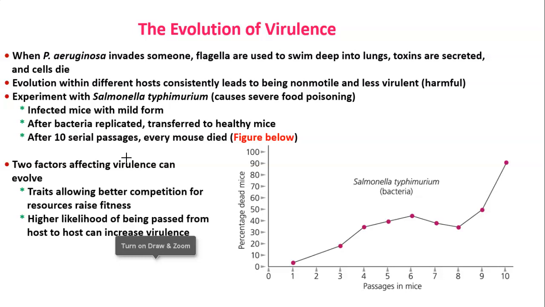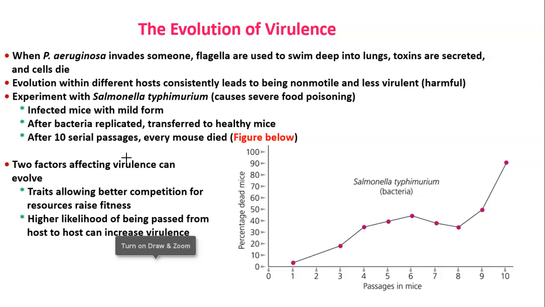So that's one way that virulence can evolve. The second explanation is that a higher likelihood of being passed from host to host can increase virulence. And that is definitely the case with the salmonella experiment.